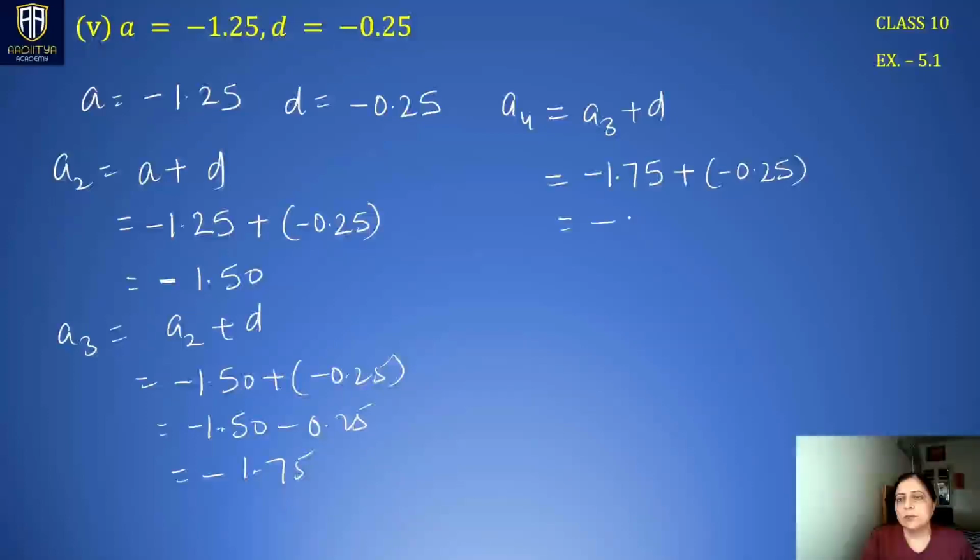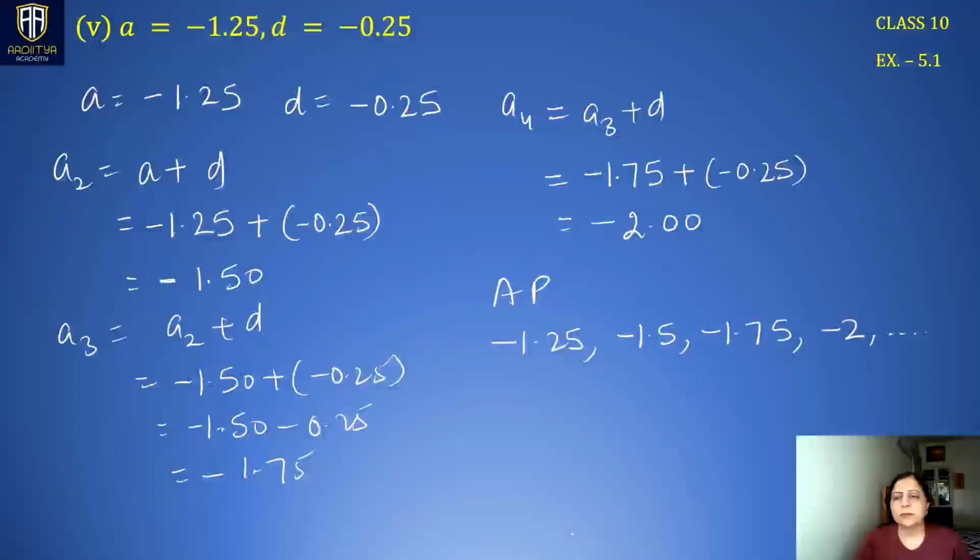So this becomes -2.00. So the AP here becomes, A1 is -1.25. A2 is -1.5, -1.75 and -2.00, dot, dot, dot. Right? So this is the sequence.